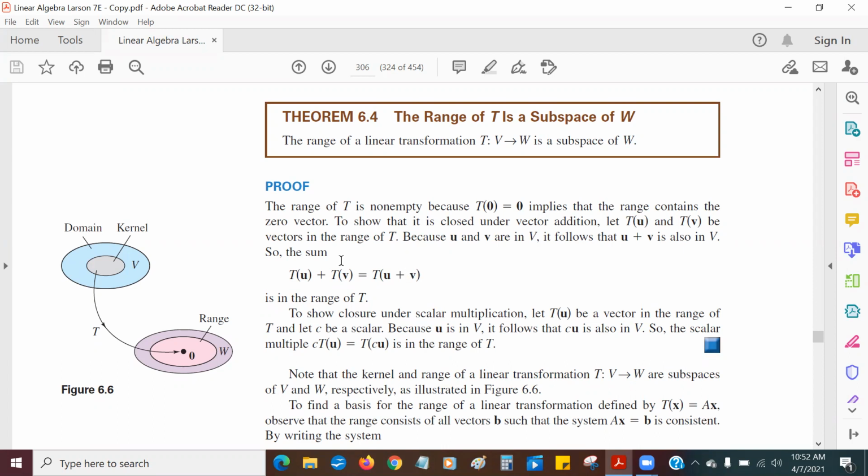So we've now shown that if we take two elements that are in the range and add them up, we get a third element which is also in that range.